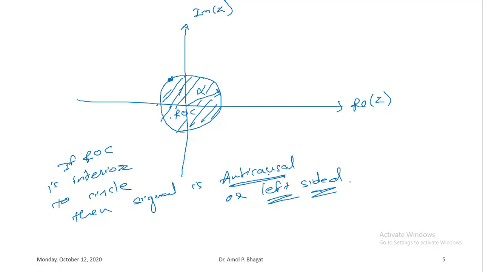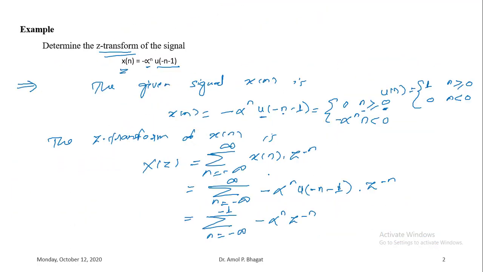But in the case of anti-causal, it is exactly the opposite of the causal signal, right? So these three different terminologies are there: causal, non-causal and anti-causal. Right? So this is the difference that we have seen.